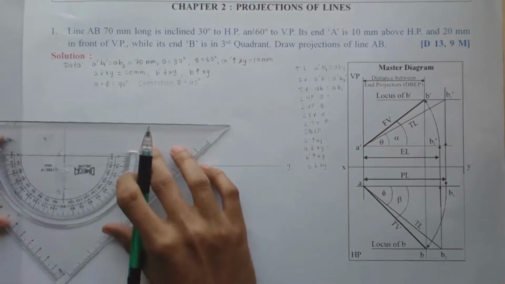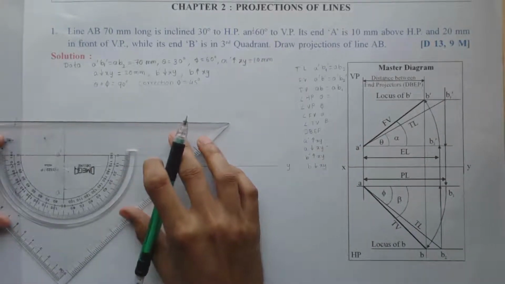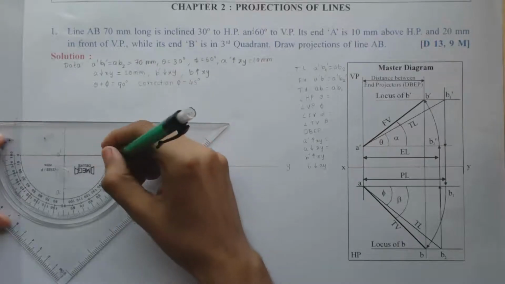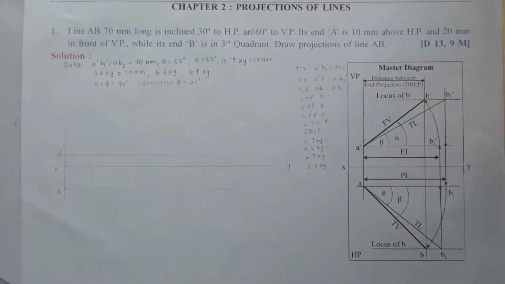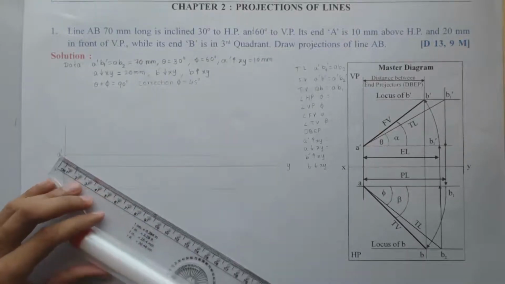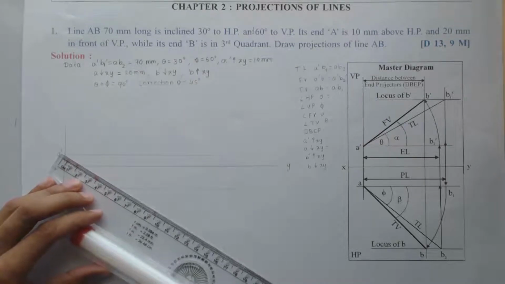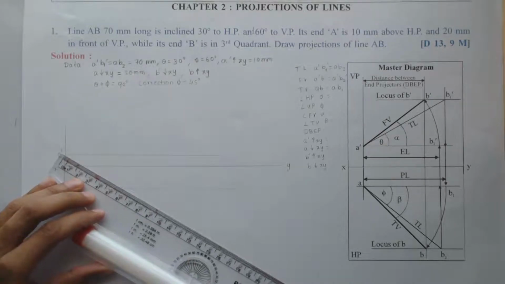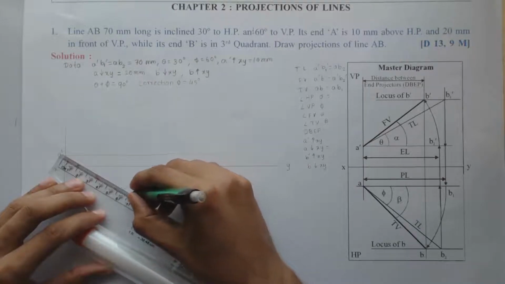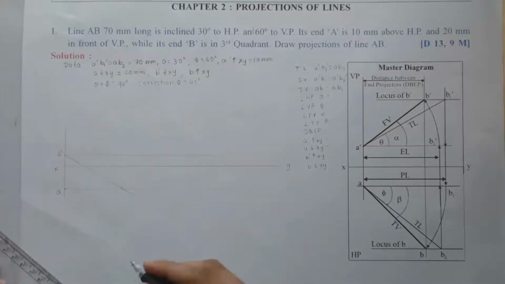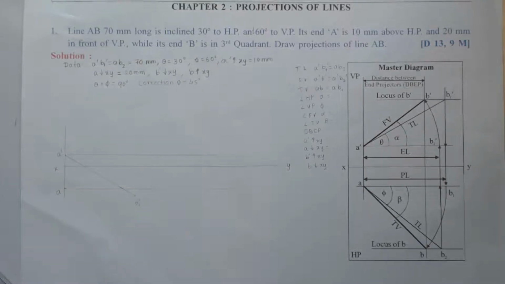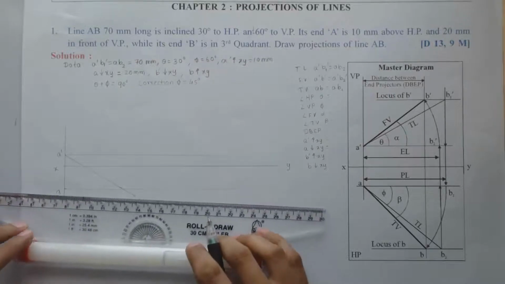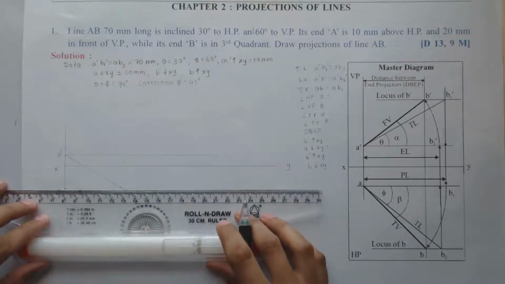So starting with A dash, I'll measure the angle 30 degree in downward direction, and on this 30 degree line, I'm going to mark the true length, which is equal to 70 mm. So I'll get the end point B1 dash. Obviously from B1 dash I can draw a horizontal line which will give me locus of B dash.